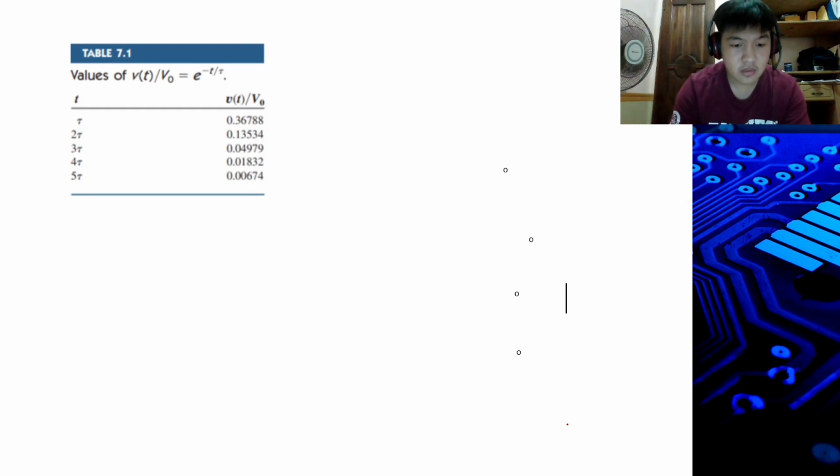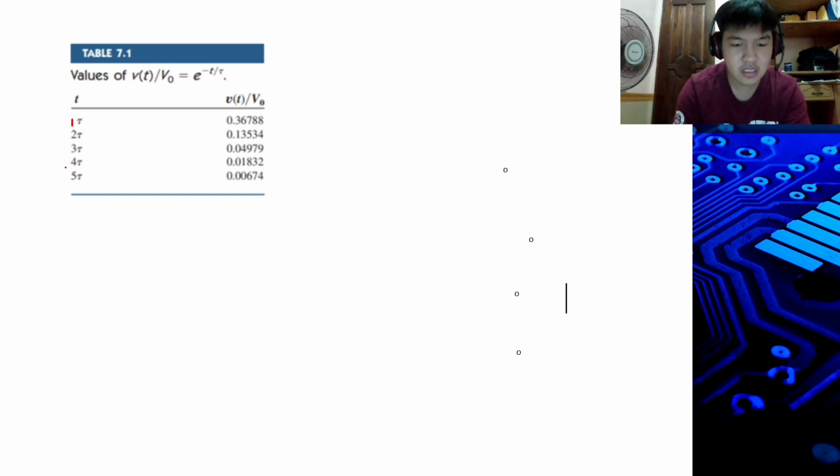Using the table, we can find the voltage response as a fraction of the initial voltage V naught by using different values of time, like time constants 1, 2, 3 up to 5.